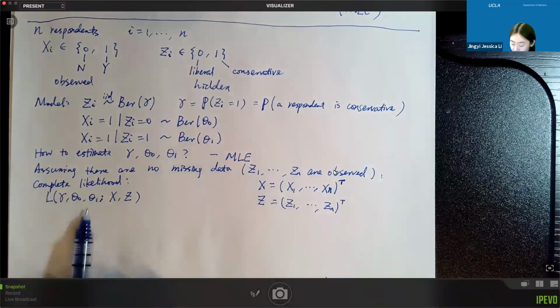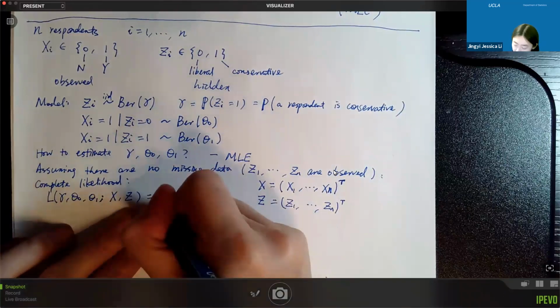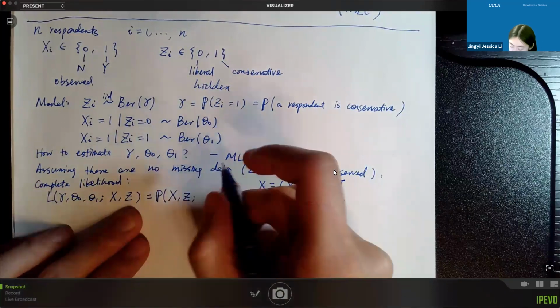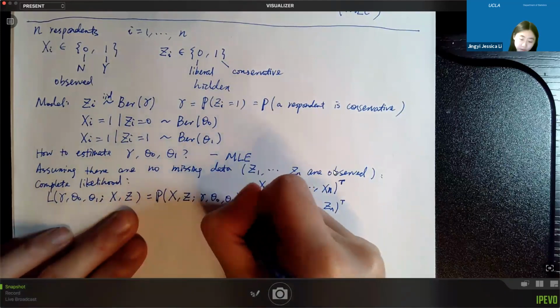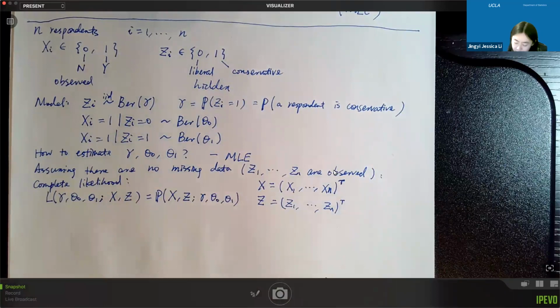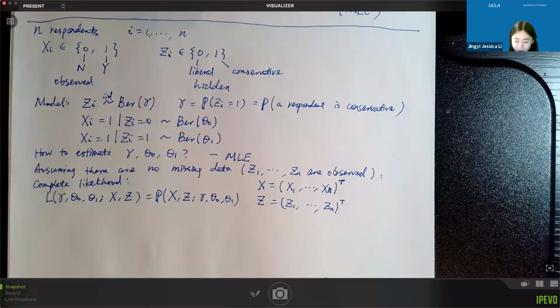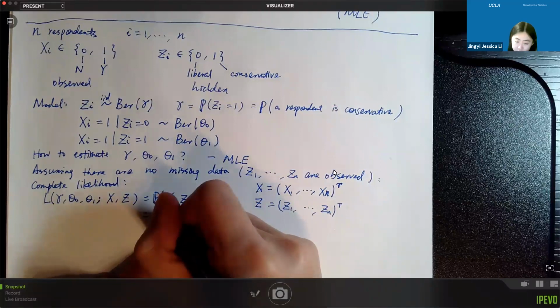Then the complete likelihood is defined as the joint density, or joint probability because they are discrete here, of x and z given the parameters gamma, theta 0, and theta 1. Given independence, we are going to write this joint density as a product over our observations, i goes from 1 to n.